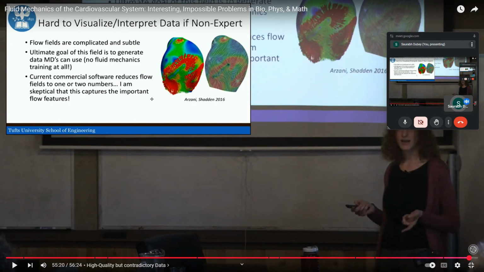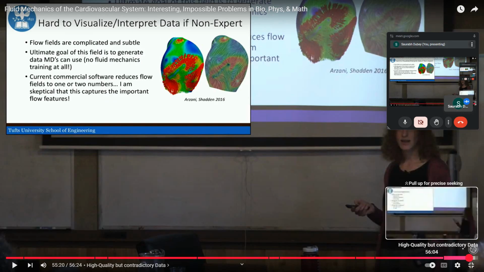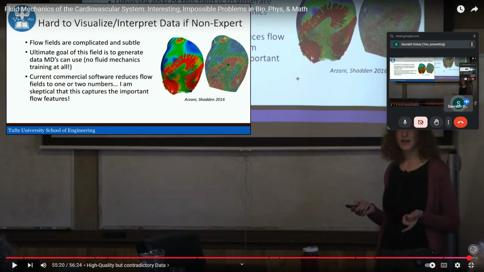Another problem is that it is hard to visualize and interpret data if it is not captured well. Flow fields are very complicated and very subtle in nature. The ultimate goal of this field is to generate data that doctors can use.